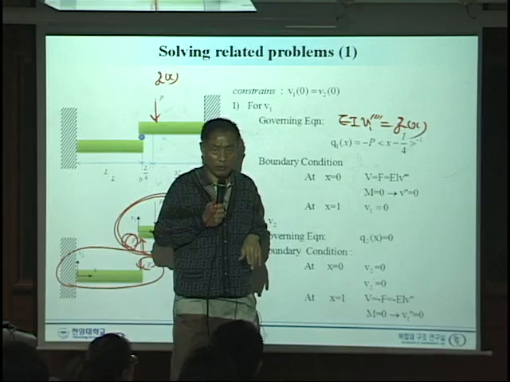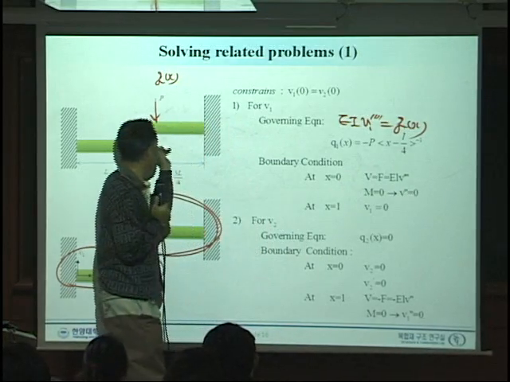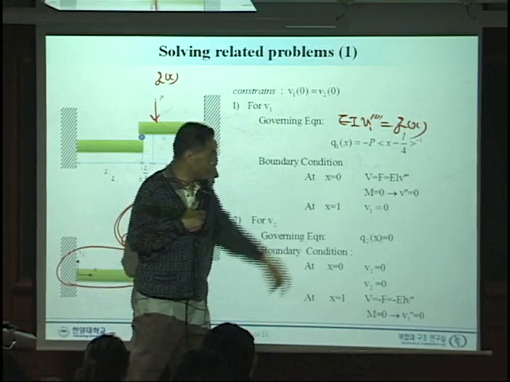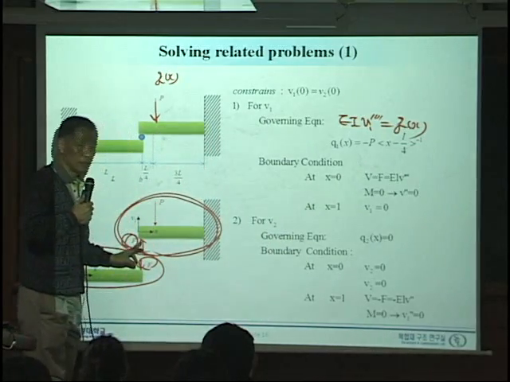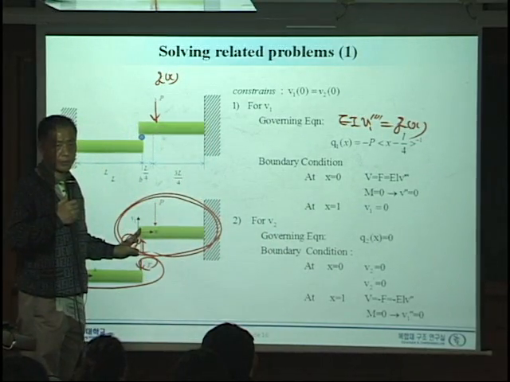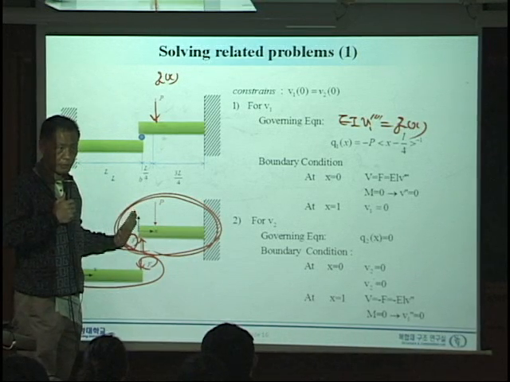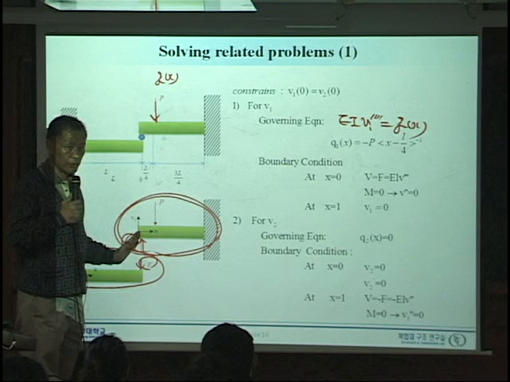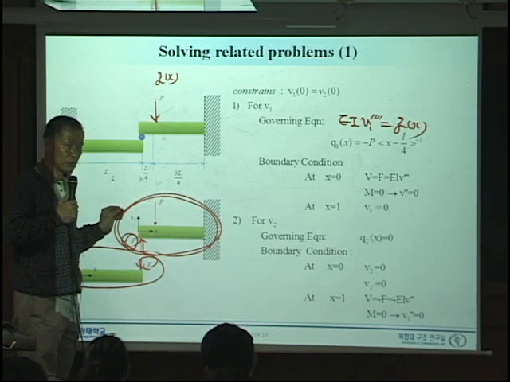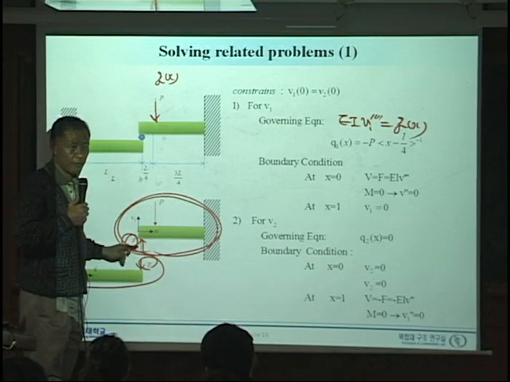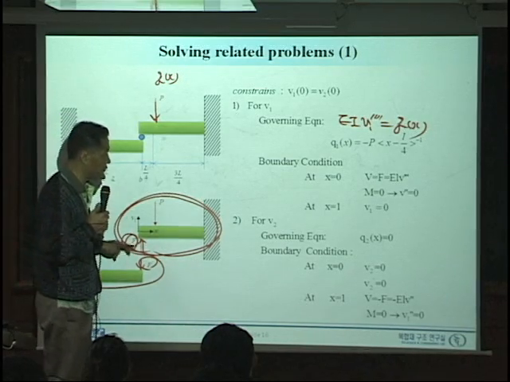Now, how about the boundary condition for this case? At x equals 0, what do we have here? X equals 0. We have a force. Remember, we have to pretend we know this F. Let's assume this is a known force.